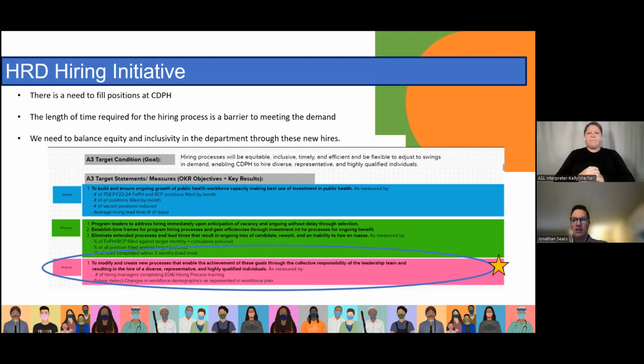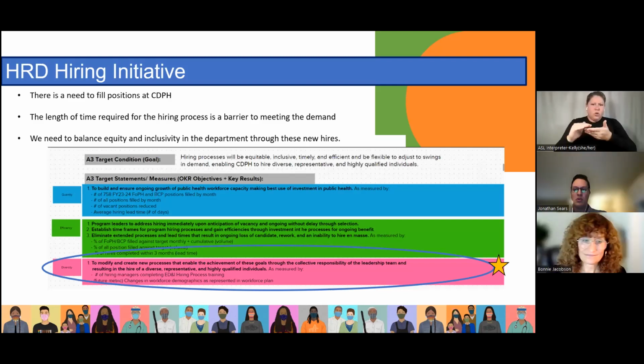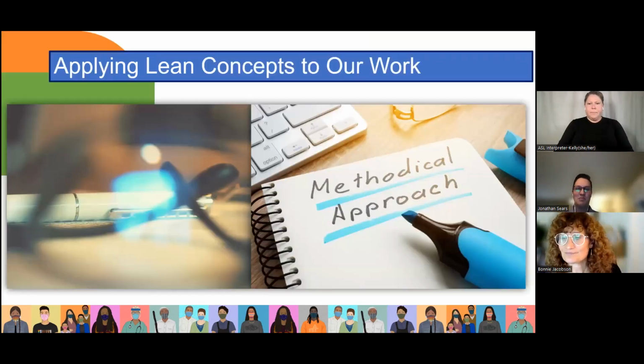And we're looking at how to embed health equity within all of our strategic work so that we can continue the work across CDPH to reduce health inequities across the state. So I'm going to hand it back to Bonnie to present a bit more on some of the lean concepts that we've been using to drive continuous improvement and develop our people within CDPH. Go ahead, Bonnie.